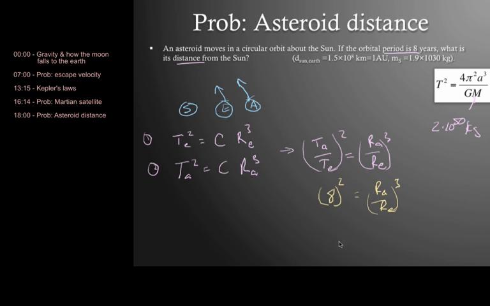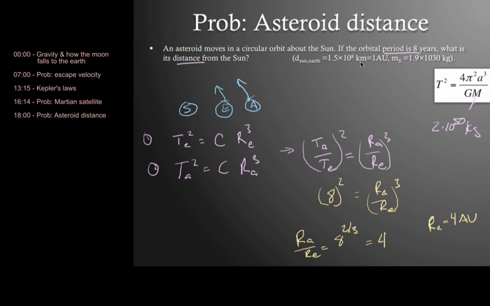So 8 squared, and then now I'm going to take the cube root of that. So RA over RE is equal to 8 to the 2/3. So this is 64, and then now we take the cube root of that, and what we're going to get is 4.